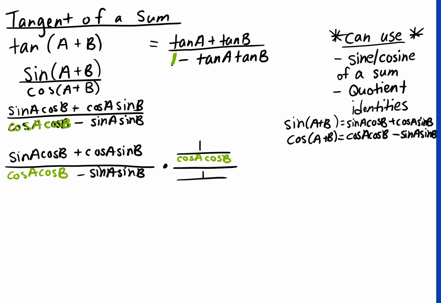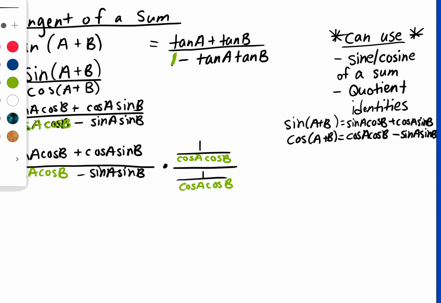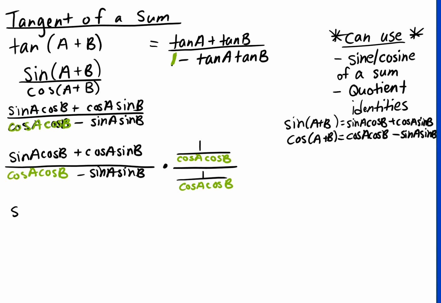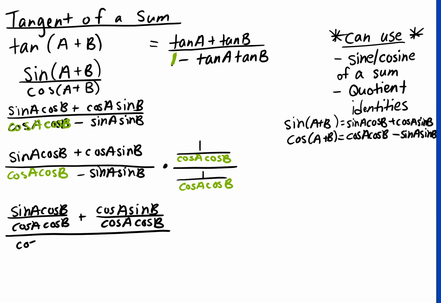So this step that I'm showing here, we can just do it this way. What I'm actually going to do is distribute that into everything. So we'll make this into sine A, cosine B, over cosine A, cosine B. And this is the step that you can skip in the future if you feel like you're able to, to an extent, because we were only able to simplify one thing at a time when we're doing this.